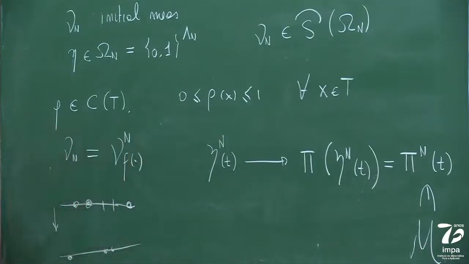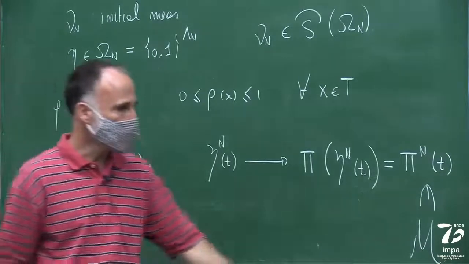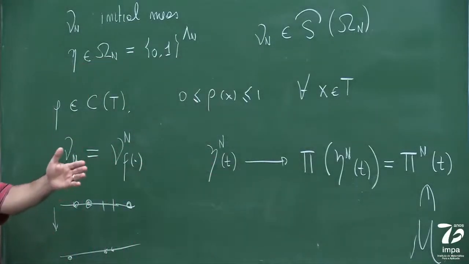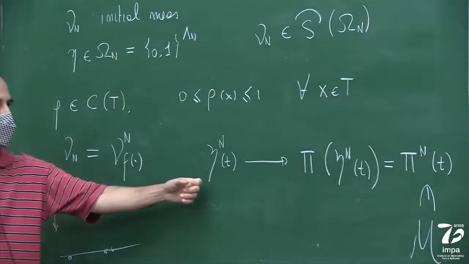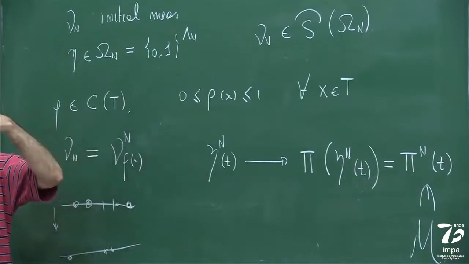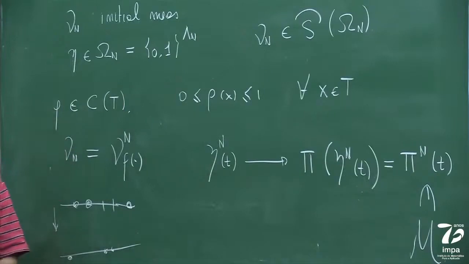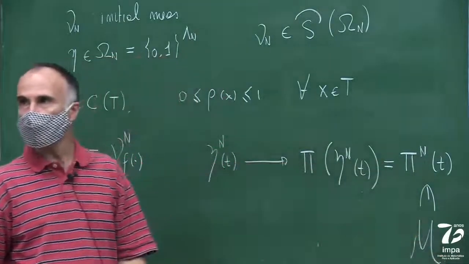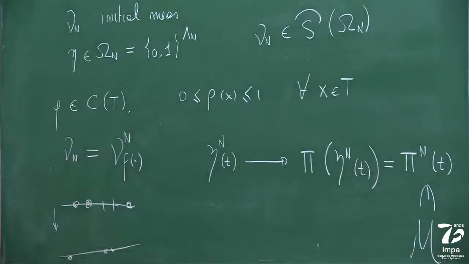Okay? So it's an evolution. But now, the advantage of pi over eta is that the state space of eta was changing. For each n, it was omega n. Now pi n, for all n, they take values in the same space, which is the space of measures.